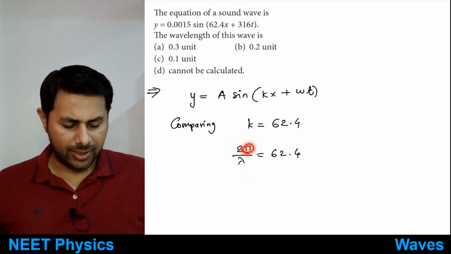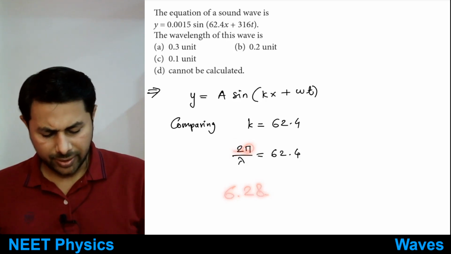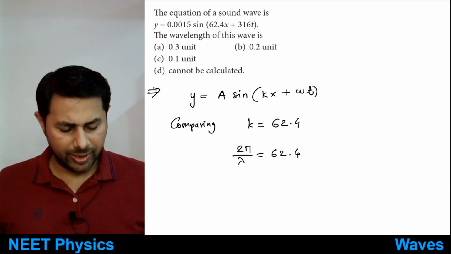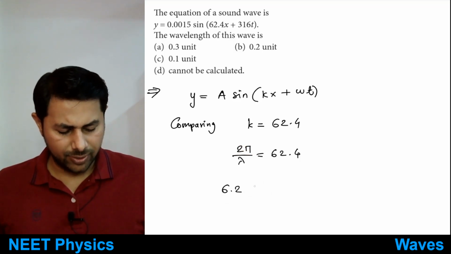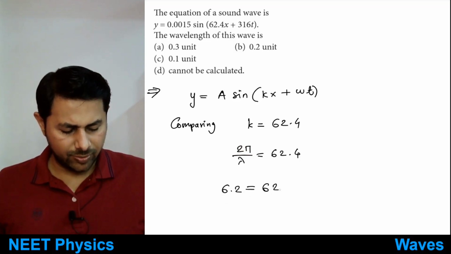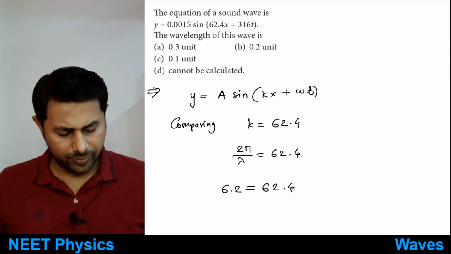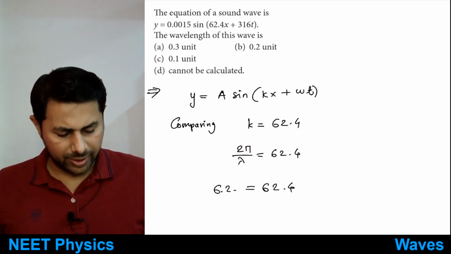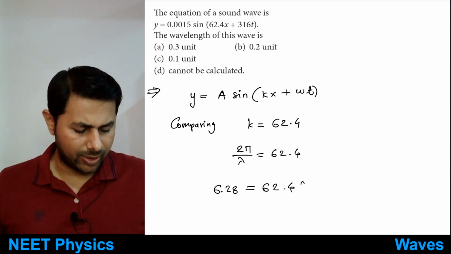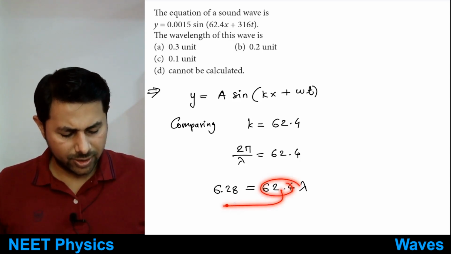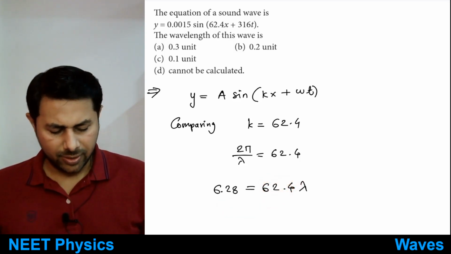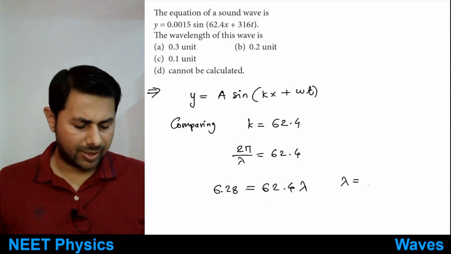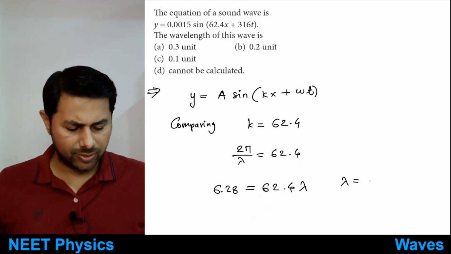If you multiply that with 2 you will get 6.28, so 6.28 is equal to 62.4 lambda, and therefore taking this 62.4 on the other side, lambda is 6 divided by 60 nearly, so it's 0.1.